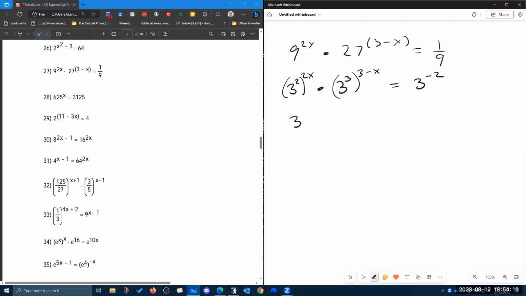So this is 3 to the 4x times 3 to the 3 times 3 is 9 minus 3x is equal to 3 to the negative second. When I multiply like bases, I add the exponents. This is not, sorry.